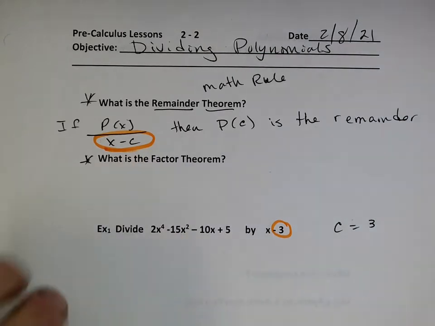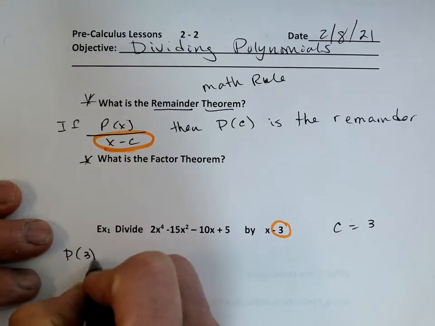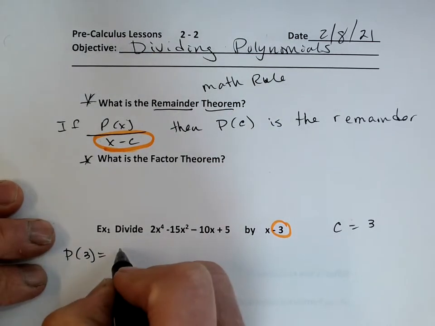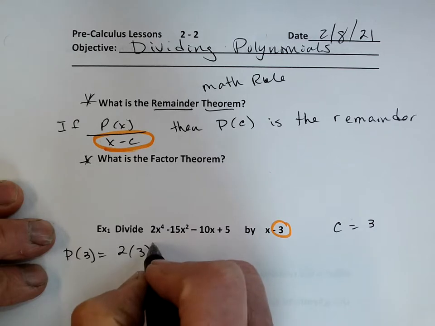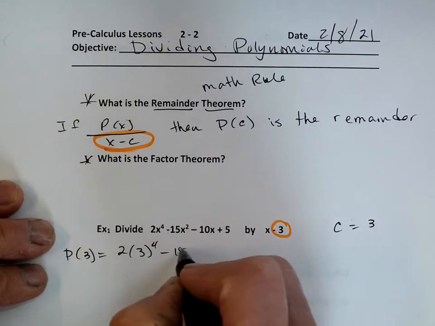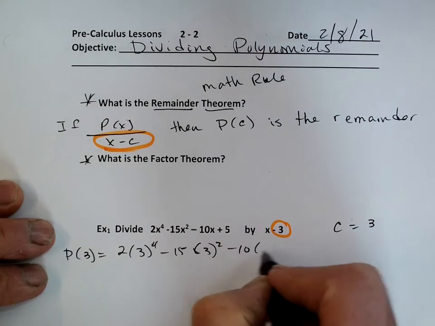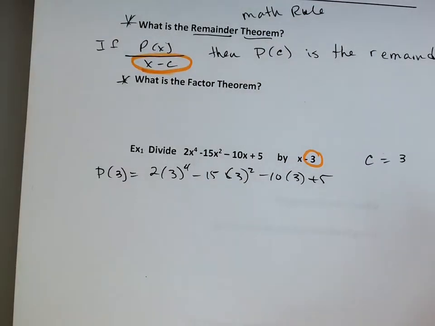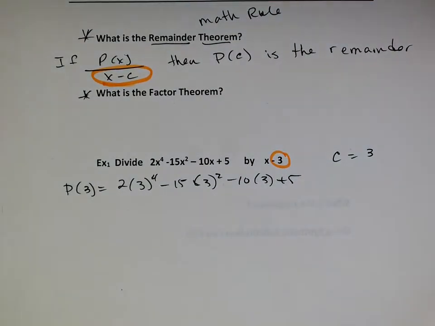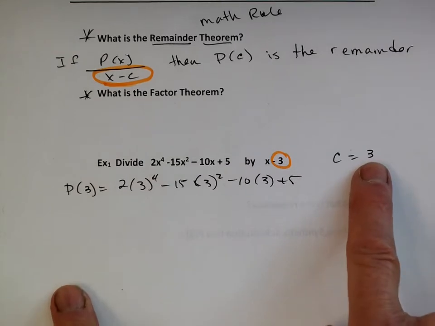So if I plug that in and go P of 3, we're left with 2 times 3 to the 4th minus 15 times 3 squared minus 10 times 3 plus 5. Okay, now there's a really important reason we want to learn this, but let me get you there. For right now, it just says let's just plug in this number and we'll get the remainder, okay?